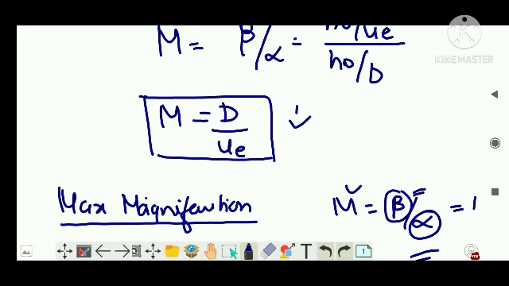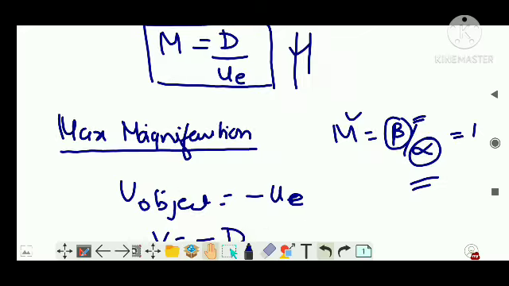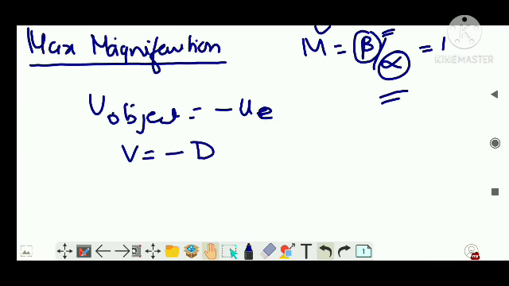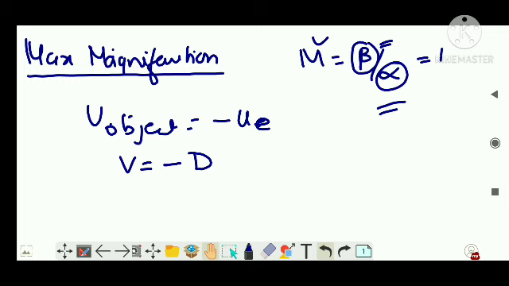You can write the magnification as D by UE itself, without the sign.